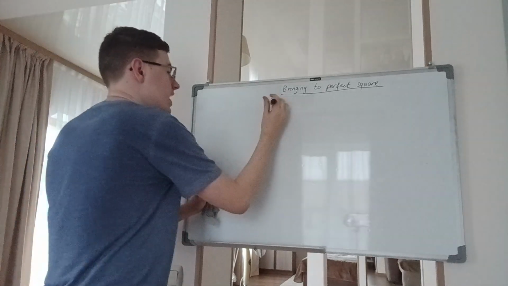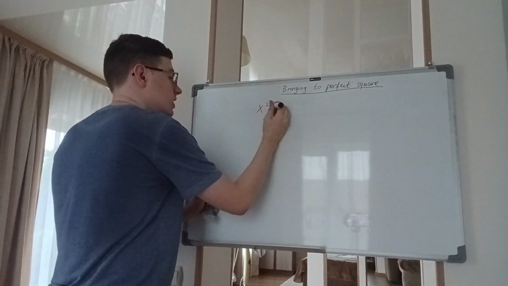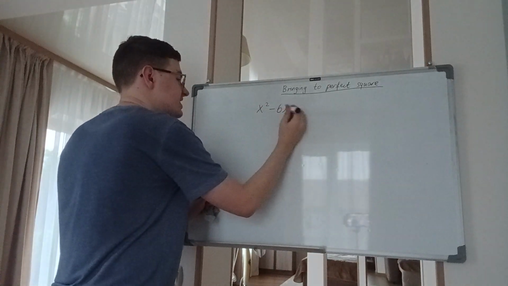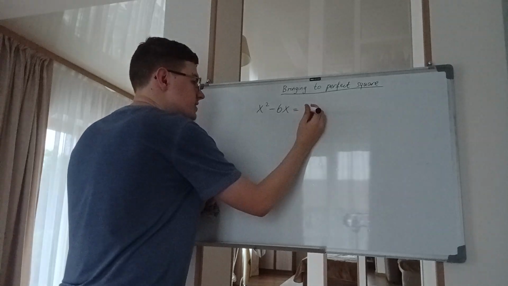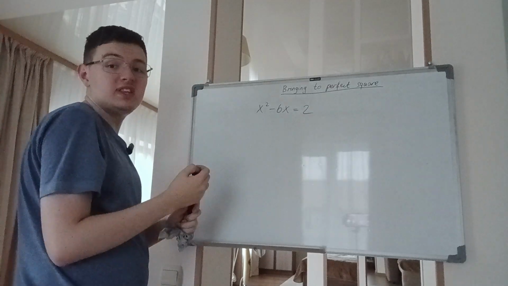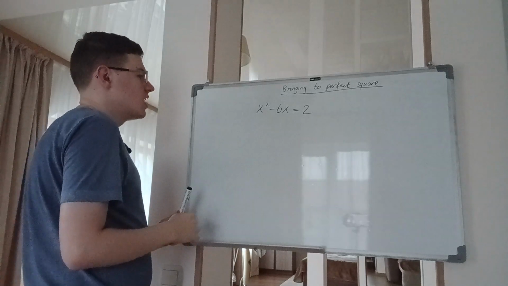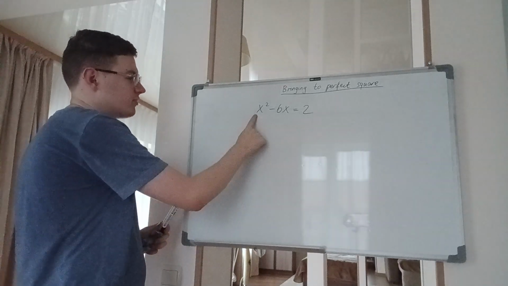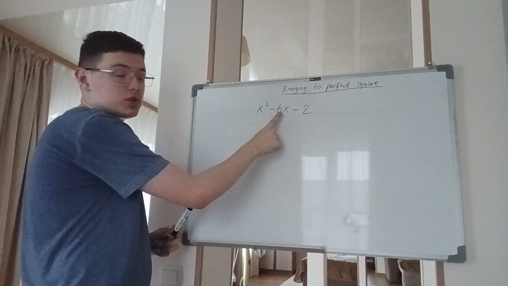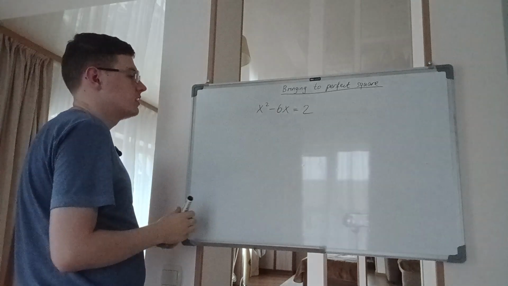So for instance, we have an equation x² − 6x = 2, let it be 2. So it wouldn't be that easy. We should bring the left side of the equation to the perfect square, right?